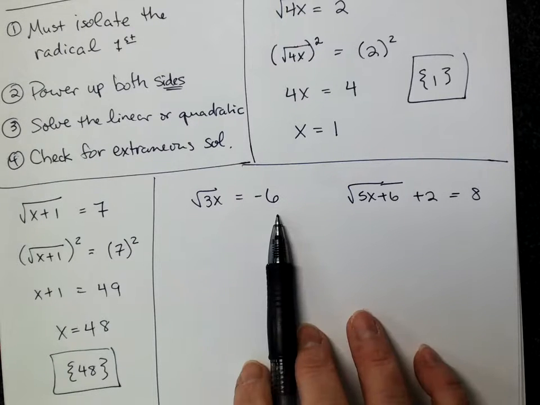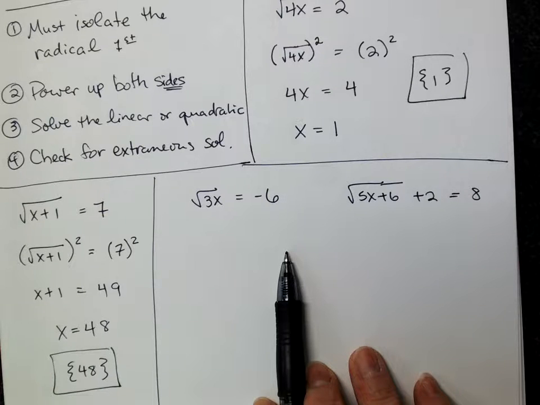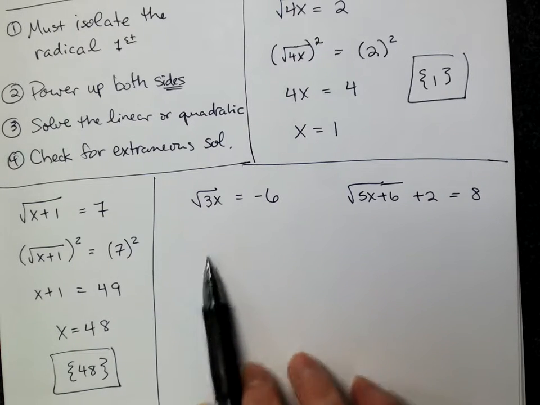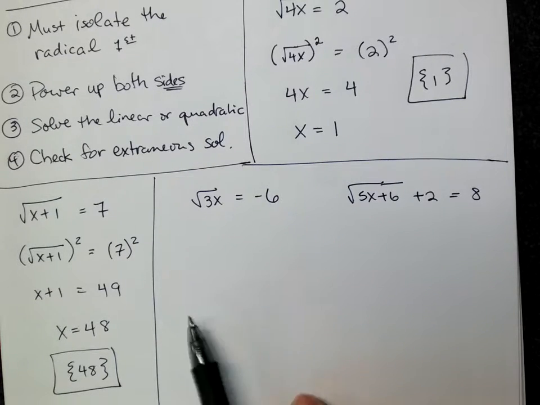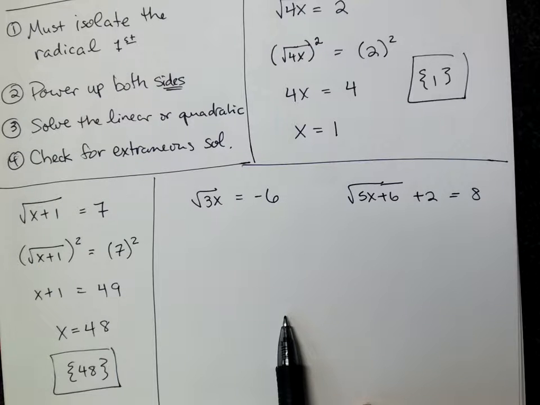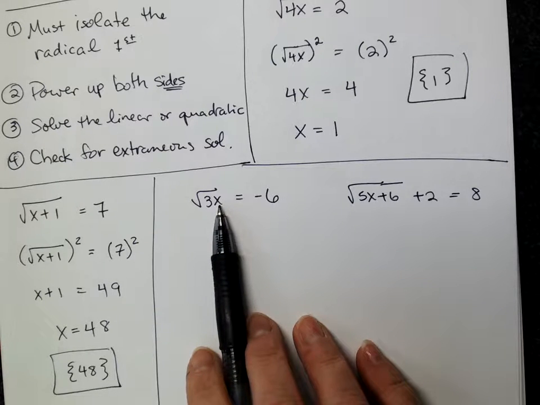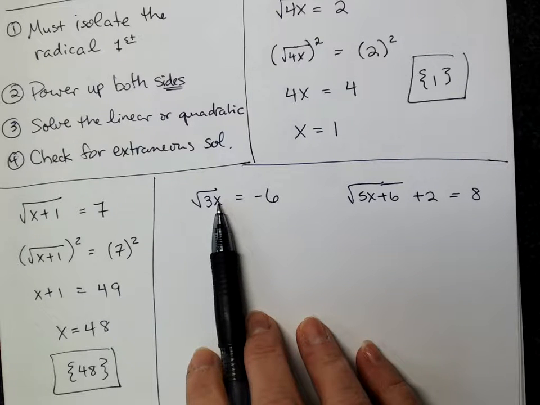Now if you go ahead and solve this, you would have 3x equals 36, right? Because you power up both sides, square both sides, and negative 6 squared is 36. 3x equals 36, so x would equal 12. Now we plug 12 in here, and what is 3 times 12? 36. Square root of 36 is 6.